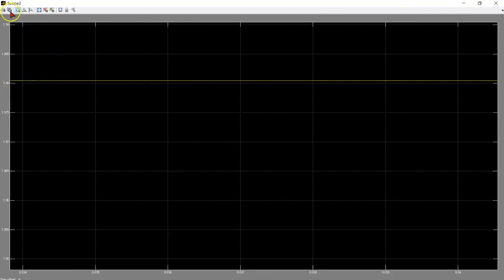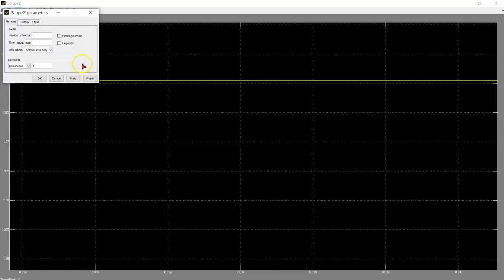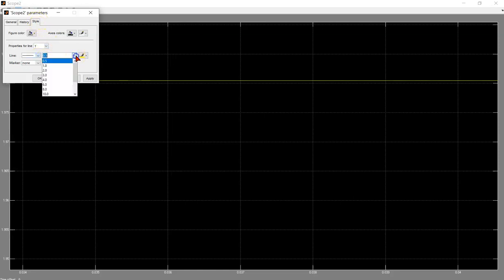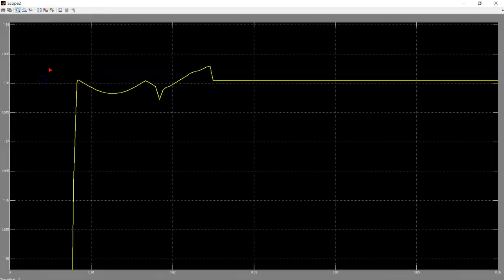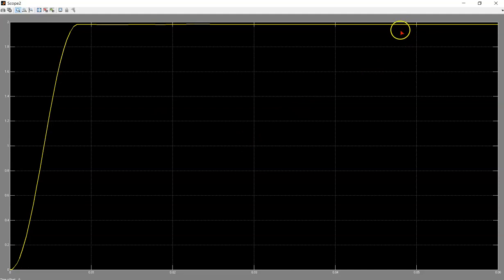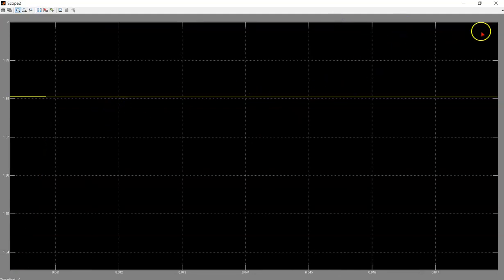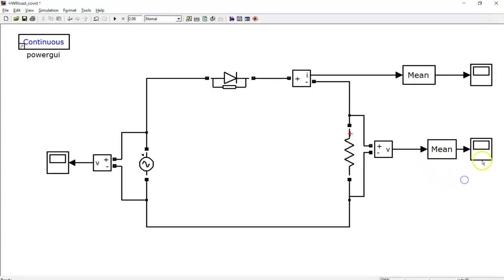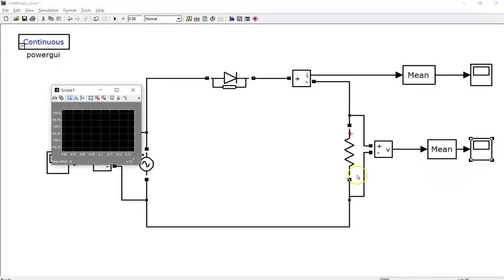If you want to resize the thickness of the line, you just go to the style and increase the size here. So the value is 1.98 amp.